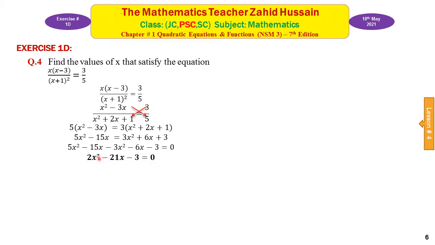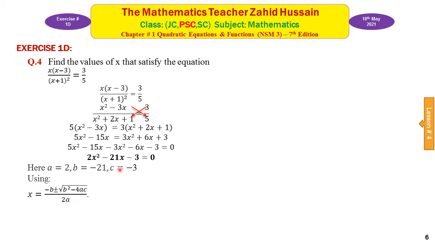Try whether you can solve this by factorization or not. No, we cannot solve this by factorization, so we will use the quadratic formula by taking the values of a, b and c. The value of a is 2, the value of b is minus 21 and the value of c is minus 3. Using the quadratic formula, which is x is equal to minus b plus minus square root of b square minus 4ac over 2a.